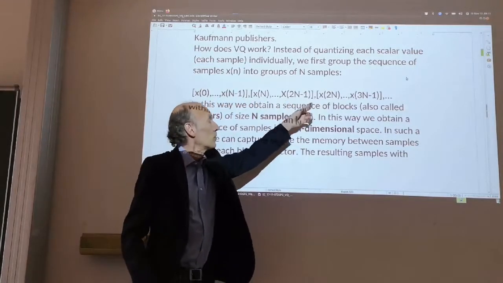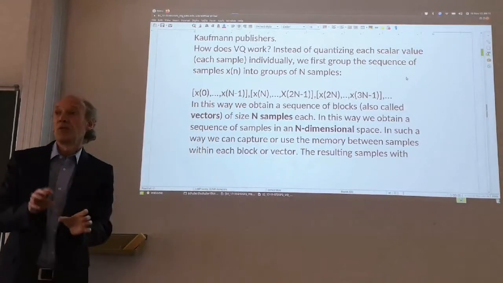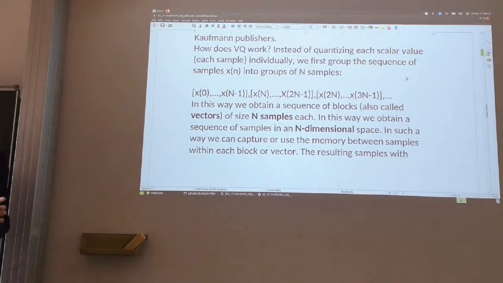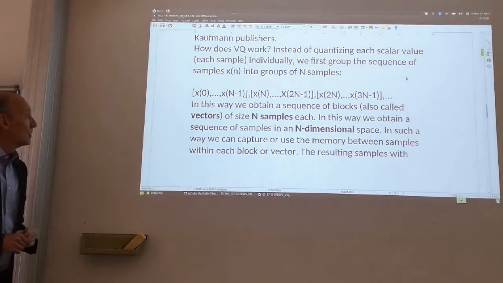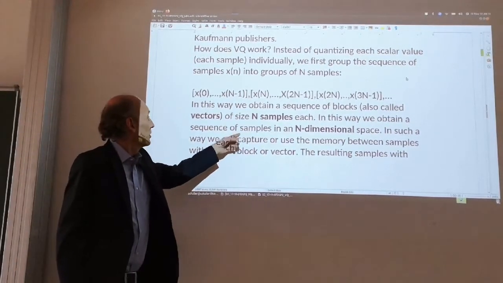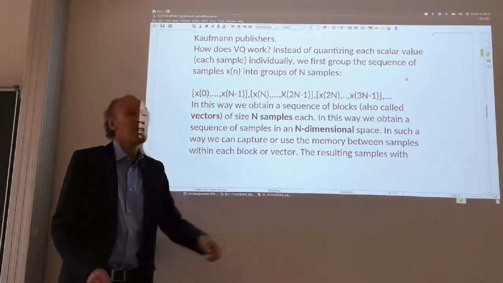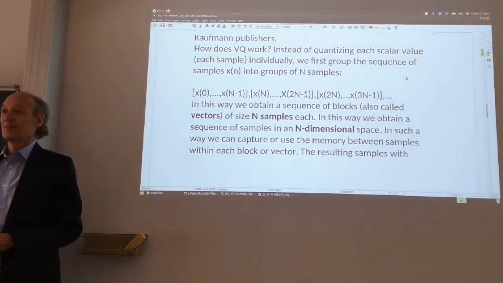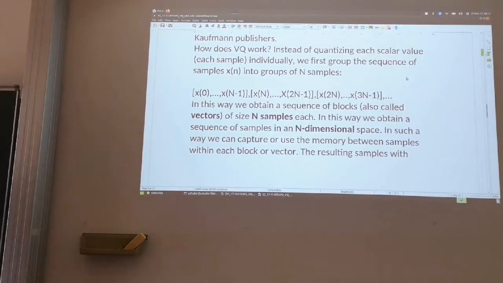Then you have the second block, and so on. So you have a sequence of blocks or vectors, n-dimensional vectors. In this way, we obtain a sequence of samples in an n-dimensional space. So imagine we have 3 samples, then we want to have a point in 3-dimensional space for each of those vectors.